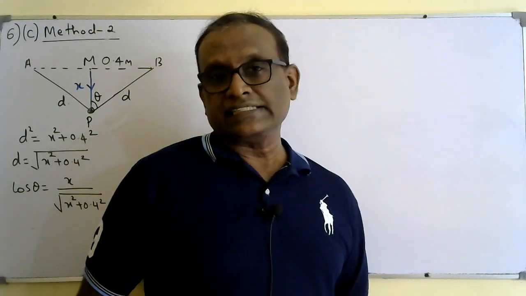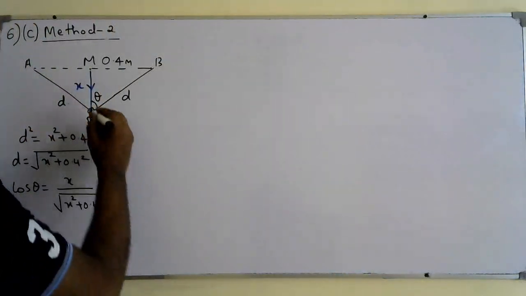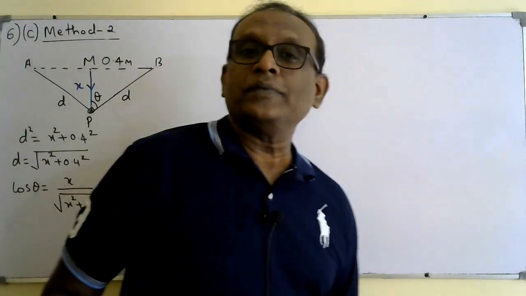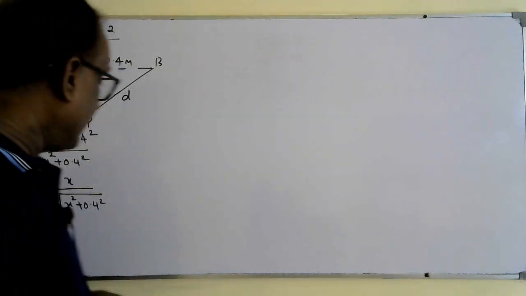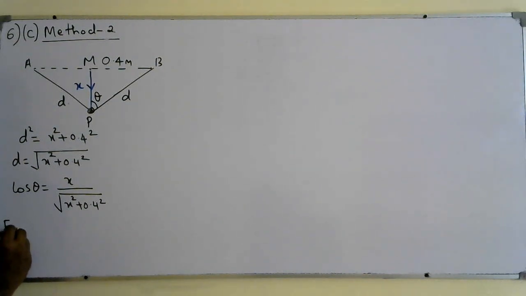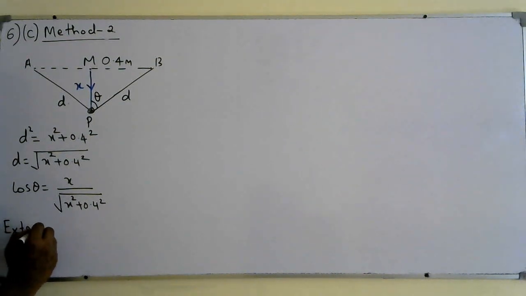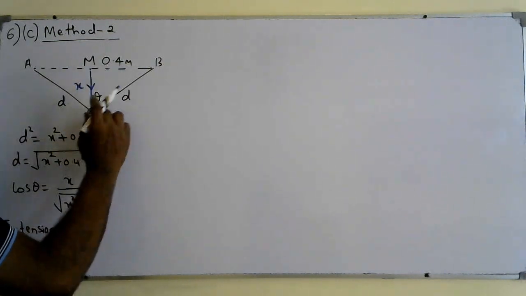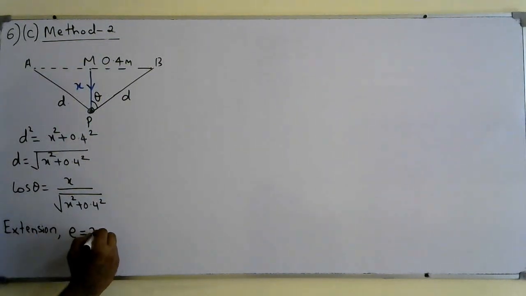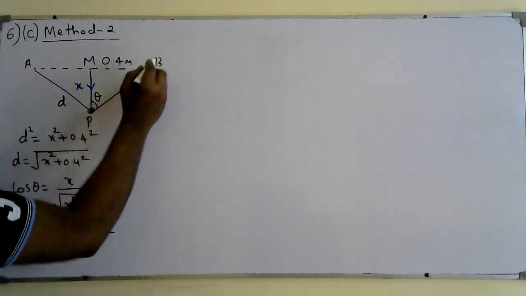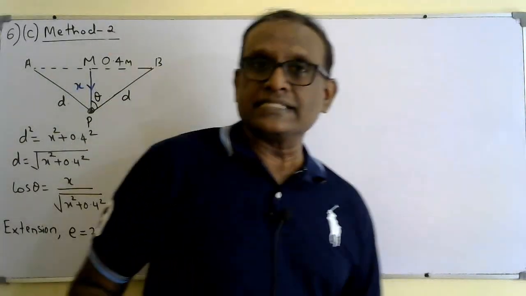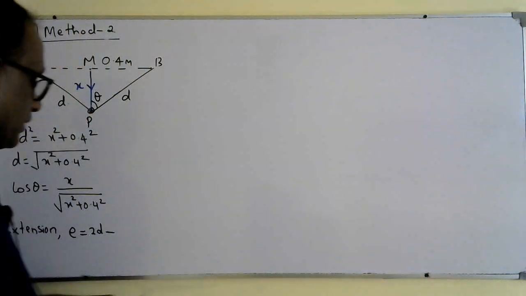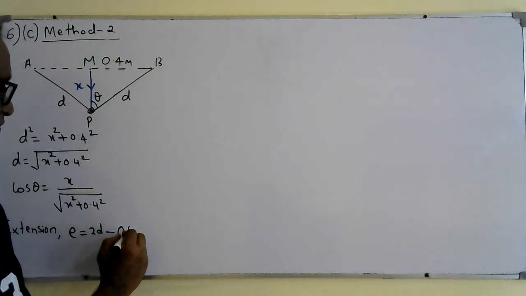Okay, so when the position of the particle is at x below M, what could be the extension? We can call the extension E. Extension E is equal to 2D, that's the total length of the string now, minus the initial length, that is 0.5, the natural length is 0.5.